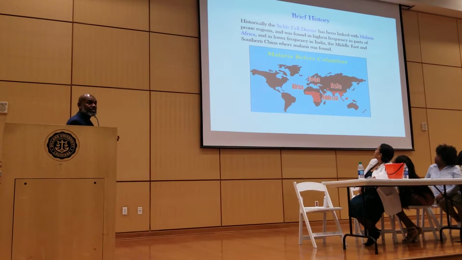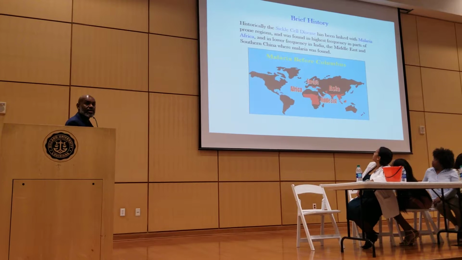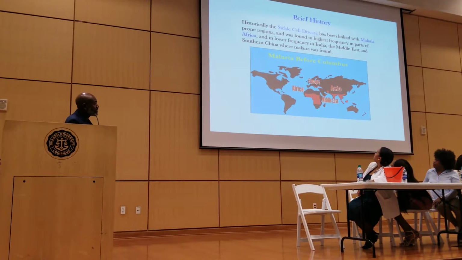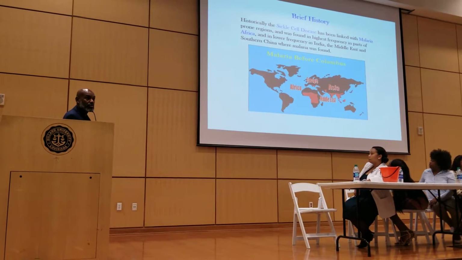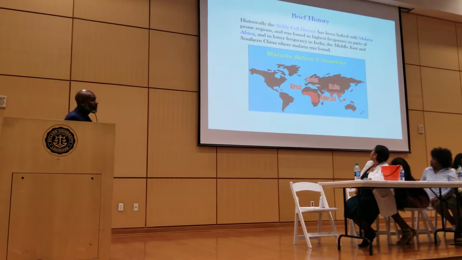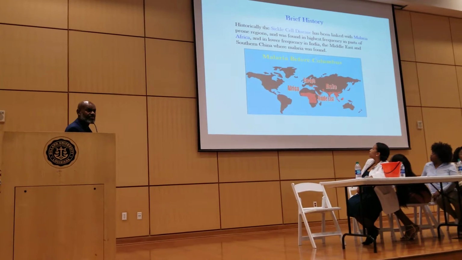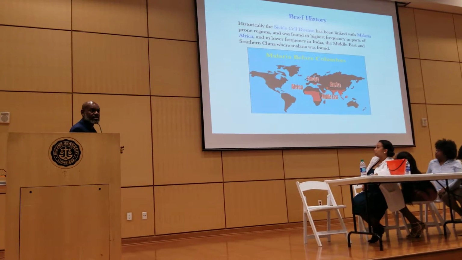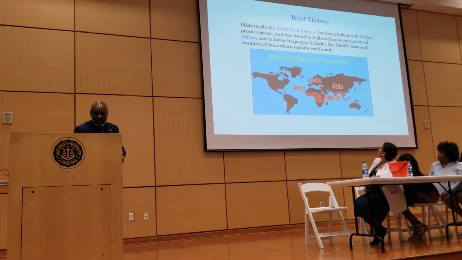Malaria was present there, as well as individuals suffering from sickle cell disease. However, since the abundance of individuals suffering with the disease were from the continent of Africa, it became known as a black disease or Negro disease, which was the term used at that time rather than African American.